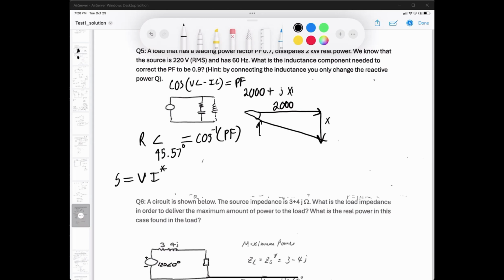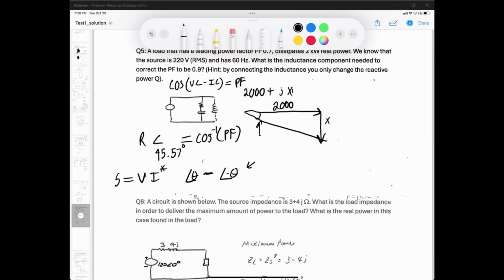Now, we know that when you have two angles multiplied, you add them. But when you grab the conjugate of I, that angle becomes negative, which is the same as subtracting, and that is equal to the power factor angle.